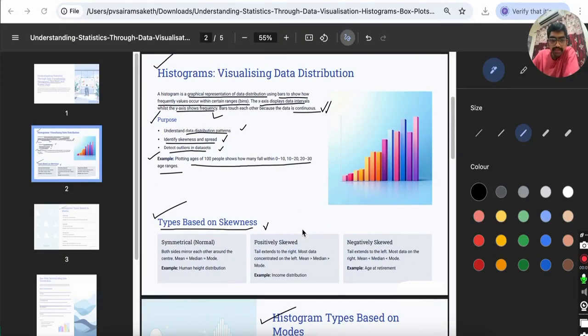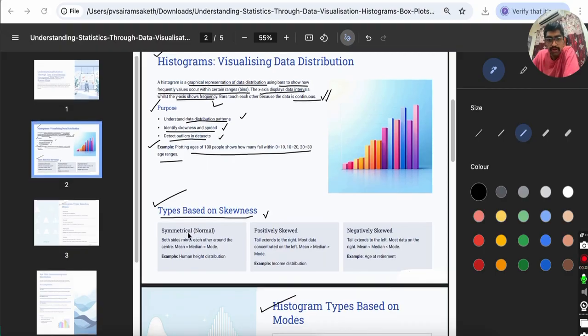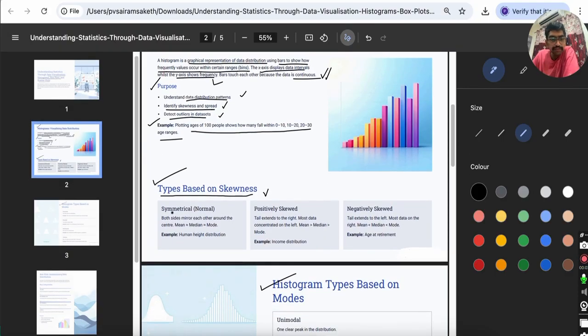So just now we studied the types of skewness. Now we will go through the notes. What are the types of skewness that we have? We have three types. One is symmetrical, which is also called normal. Then we have positively skewed data and negatively skewed data. What is symmetrical data? Here both sides mirror each other around the center.